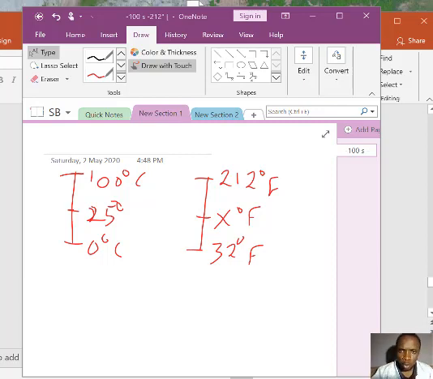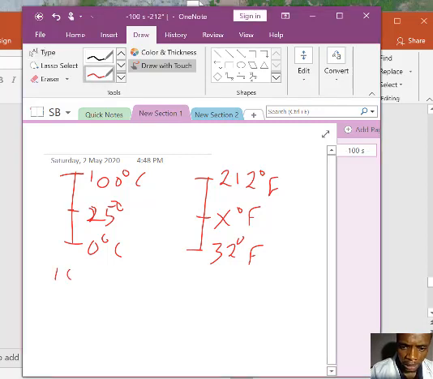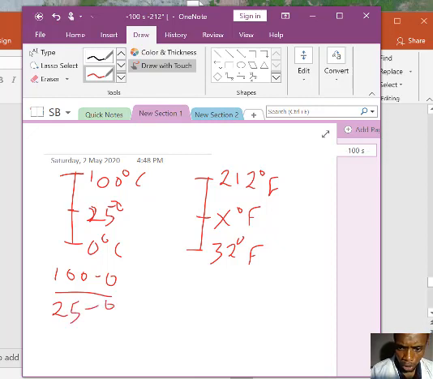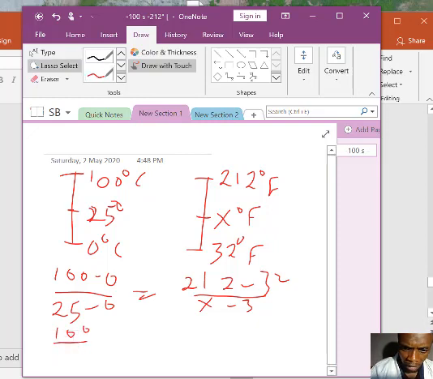So if we are to calculate this, it is going to be 100 minus 0, from the explanation we did earlier, over 25 minus 0, equal to 212 minus 32 over x minus 32. So this 100 minus 0 will give us 100, and 25 minus 0 will give us 25.